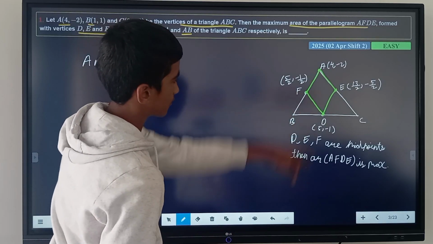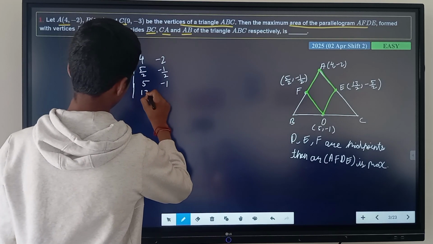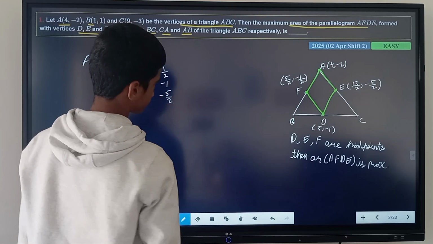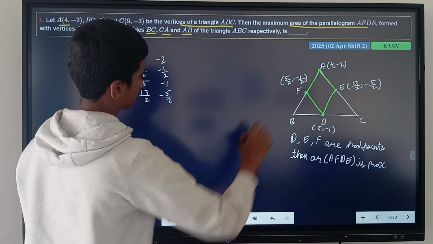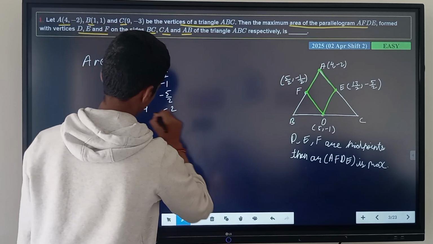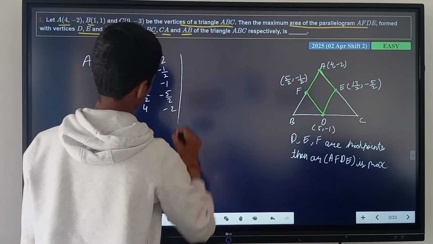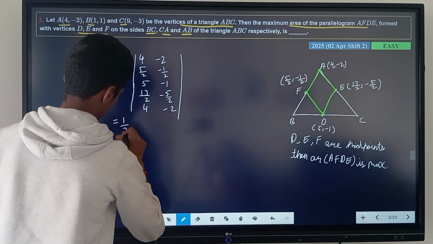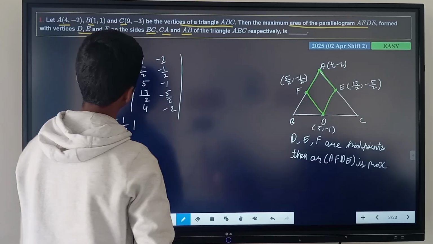Then point E will be 13 upon 2, minus 5 upon 2. And now we have to again repeat the point A, 4 and minus 2. Now this is equal to 1 upon 2 mod of this determinant.